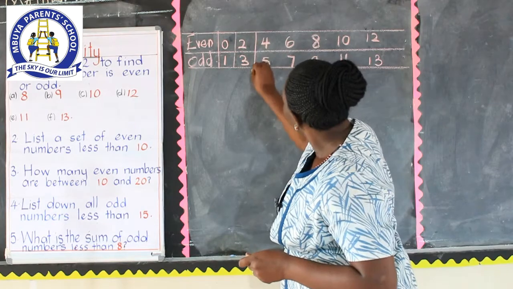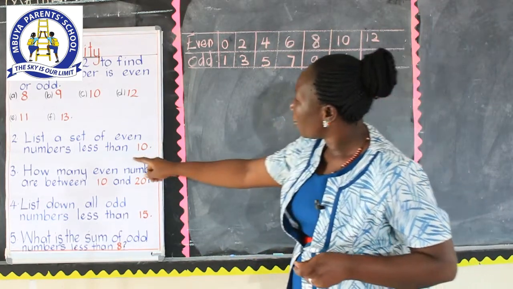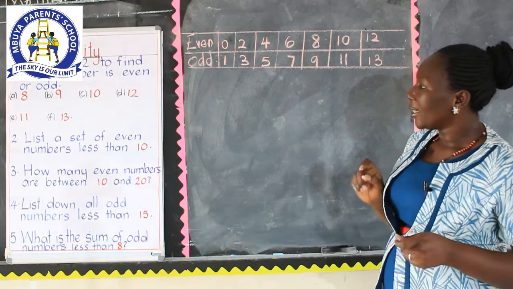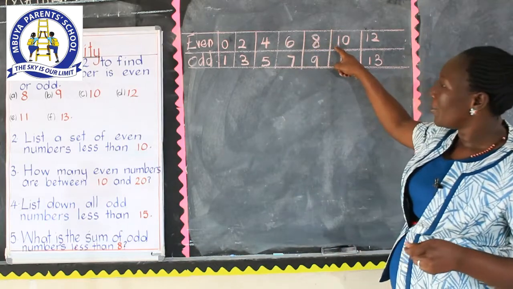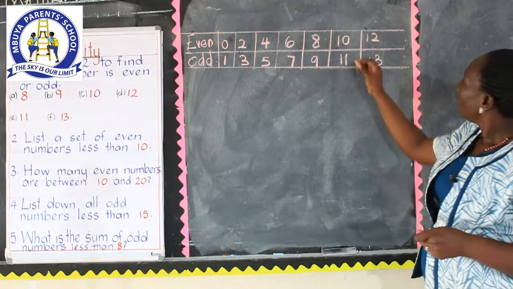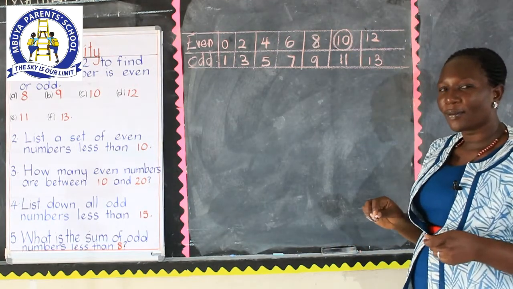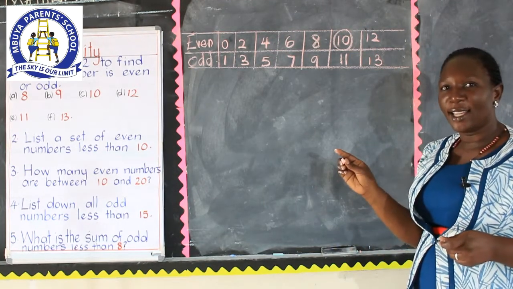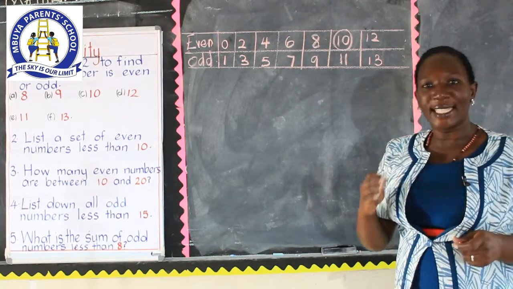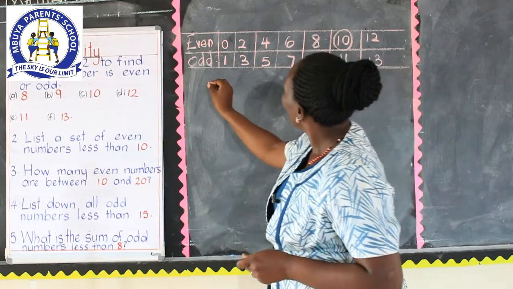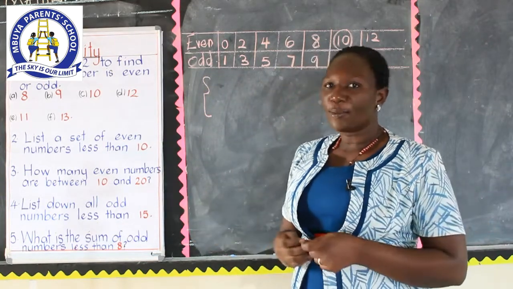When you look at the numbers above, they are the ones we need now. We are talking of even numbers less than 10. When we come back to our table, look for 10. 10 is here. So, when you're to write that set of numbers less than 10, that means you're going to write them as a set because it's a group of numbers.